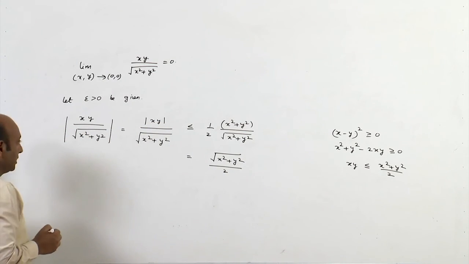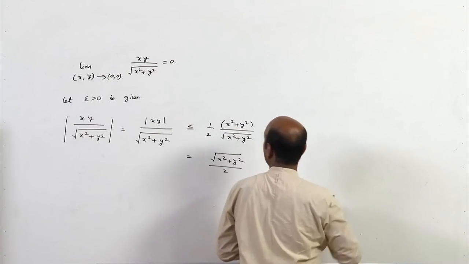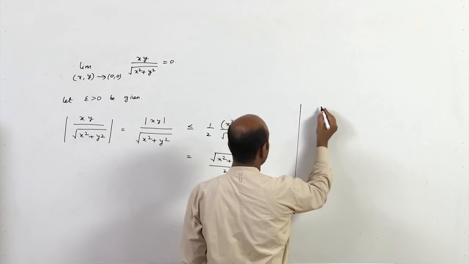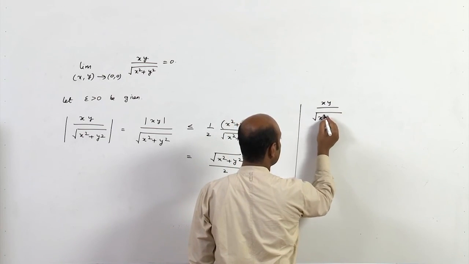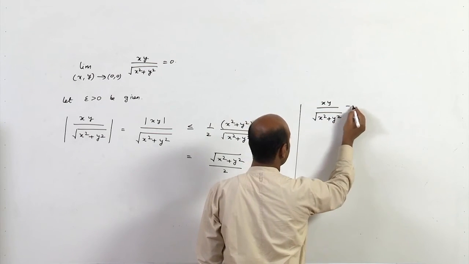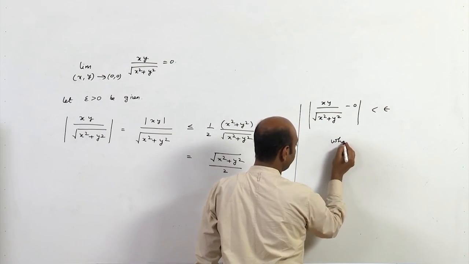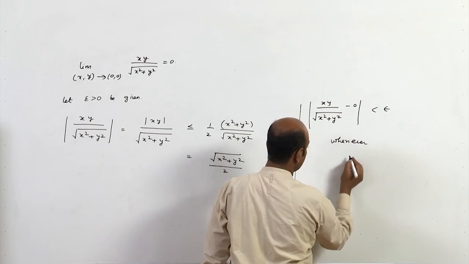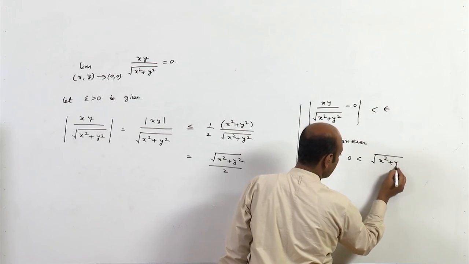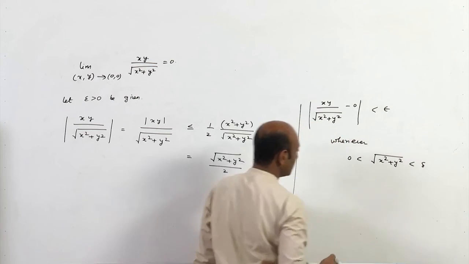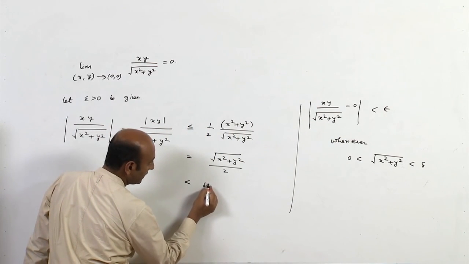Now what we have to show here? Here we have to show that mod of xy upon under root x square plus y square minus 0 will be less than epsilon whenever 0 is less than under root x square plus y square less than delta. So this quantity will be less than delta by 2.